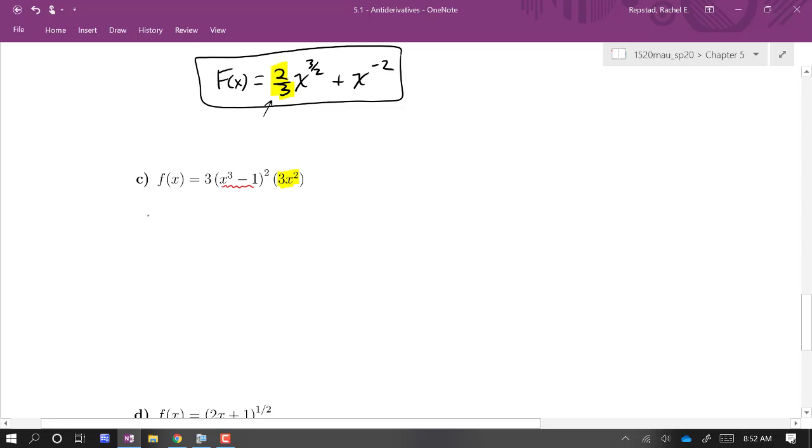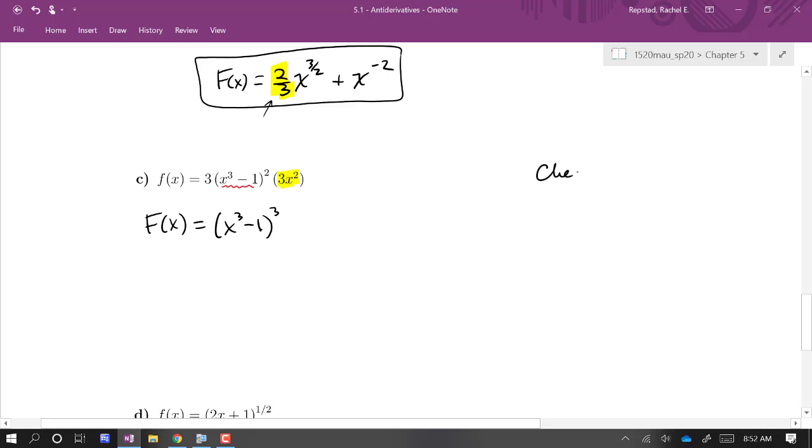So I'm just going to cut to the chase and give you the result, and then we'll do a check so we can see for sure that we're right. An antiderivative for this function is (x cubed minus 1) to the 3rd power.